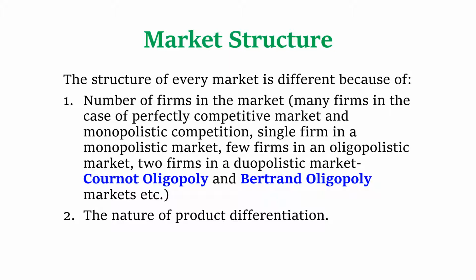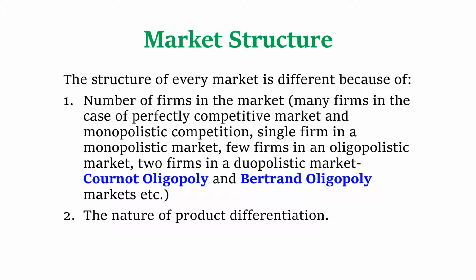Take the case of physician services, auto maintenance services, and also dry cleaning services. All these have a lot of firms producing differentiated products and then selling those products to many consumers or many buyers. That's the case of monopolistic competition.